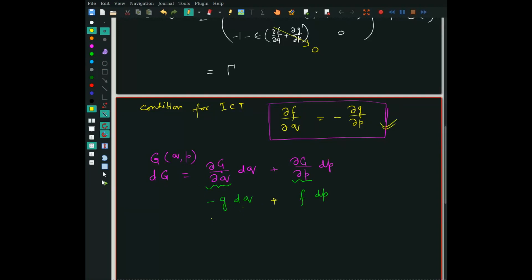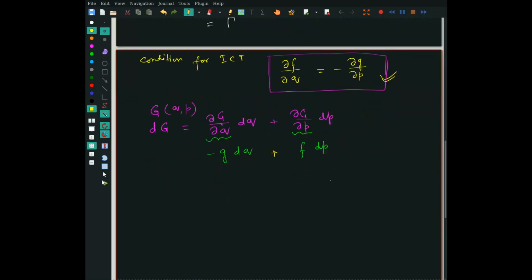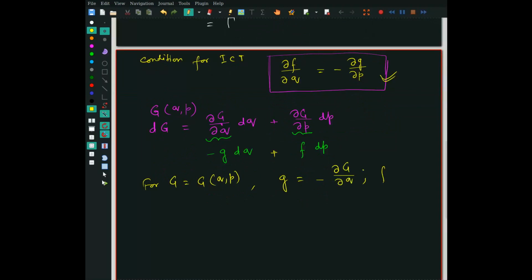So here small g becomes minus del G del Q, for G equals a function of Q and P, and F is just del G del P. So if this is true, then you can check that the condition above is automatically satisfied, because both of them would be just del 2G del Q del P.